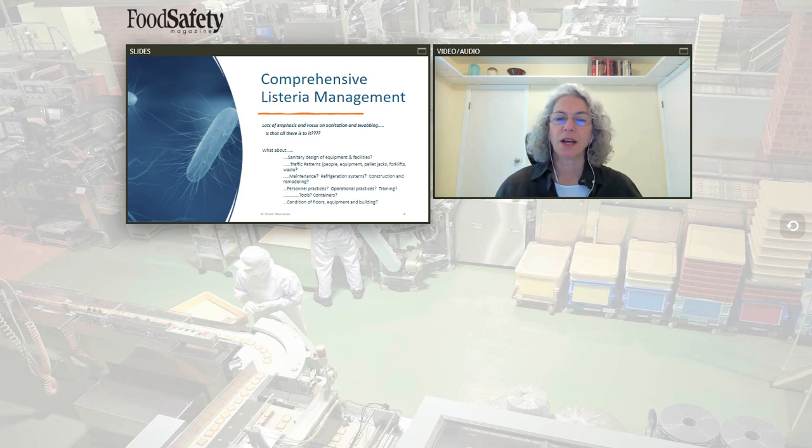And with all the focus on sanitation and swabbing, let's not forget that we have all the essentials that are mainly GMPs: sanitary design, traffic patterns, maintenance of the operation, refrigeration system, construction, personnel and operational practices, etc., the condition of the operation. All of these things are so important to manage to really prevent that establishment of Listeria in an operation.